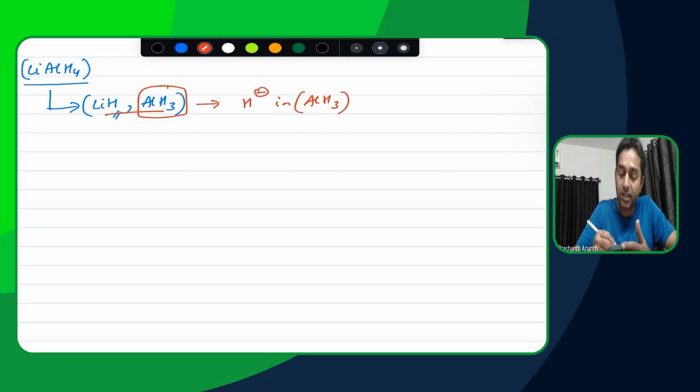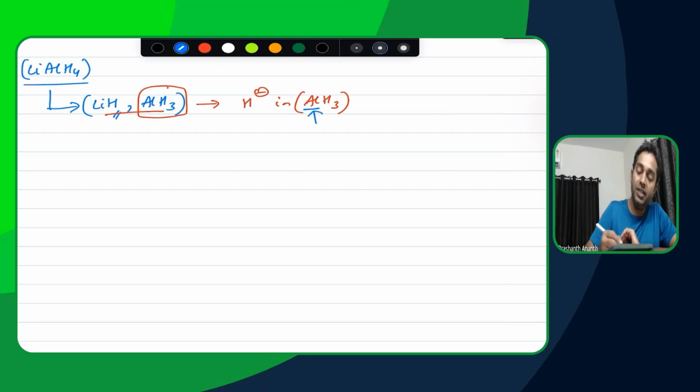AlH3 has the aluminium as its central atom, which has a coordinate covalent bond with the hydrogen in the form of the H minus ion. The attractive force between the aluminium 3 plus ion and the H minus is what determines how strong this LiAlH4 is as a reducing agent.